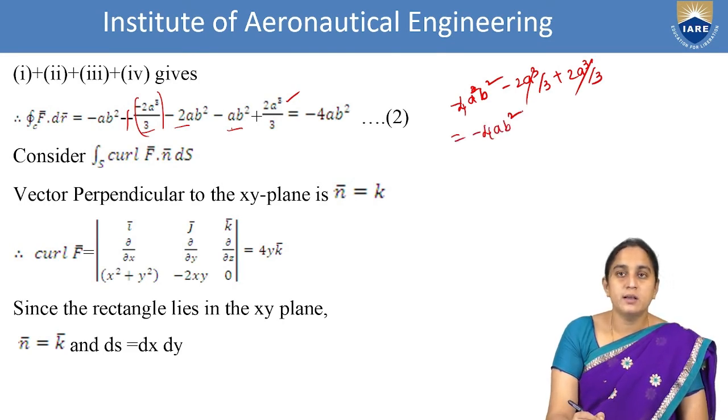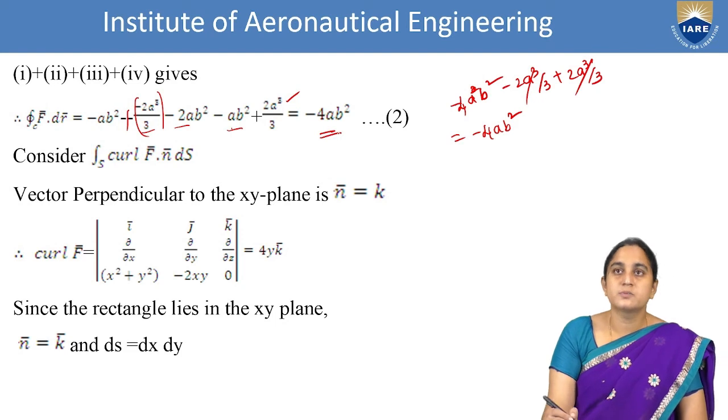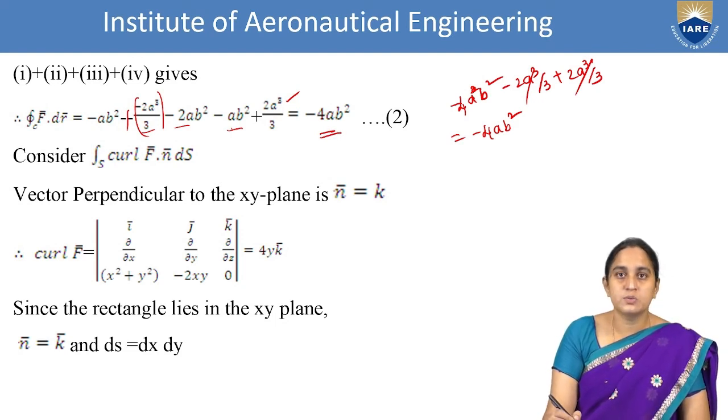Therefore the line integral on the rectangle, the integral of f bar dot dr bar, is minus 4ab square. That's the first part of the Stokes theorem.